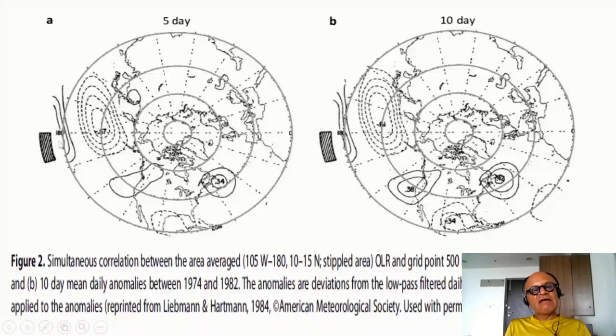So you clearly have tropical convection affecting the mid-latitude intraseasonal time scales, and this is the same thing at 10 days, and you can see the signals are a little bit more robust here in terms of amplitudes. This one, this one, this one are all amplified.